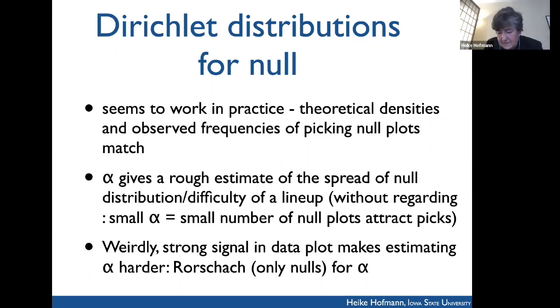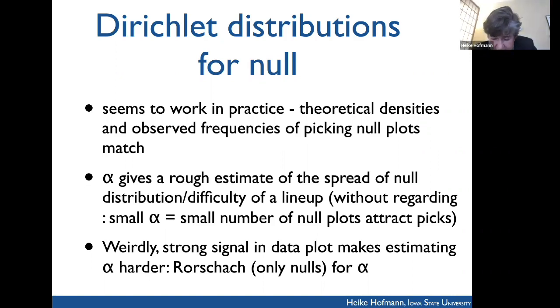We've seen lineups where there were a couple of null plots that just looked strange for various reasons. And people then also picked these null plots in evaluations also for various reasons. And in terms of a practical approach that seems to gel very well between practice and the theoretical model underneath.